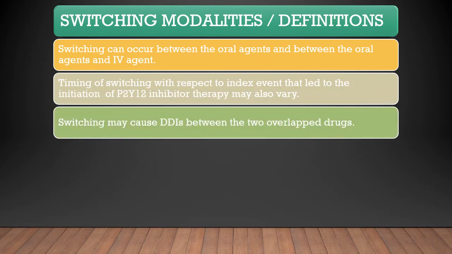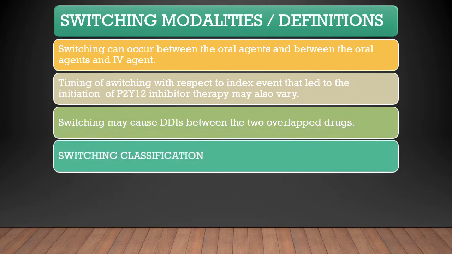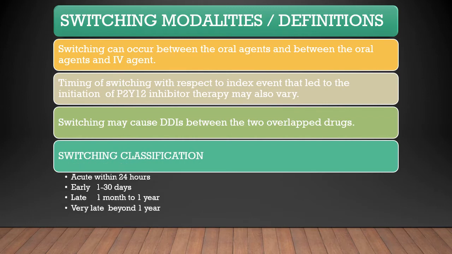Switching may cause drug-drug interactions between the two overlapped drugs. Switching is classified as acute within the first 24 hours of the initiation of the P2Y12 receptor antagonist, early, that is after the first day and within 1 month, late, that is after the first month and before completion of the first year, and very late, that is beyond 1 year.